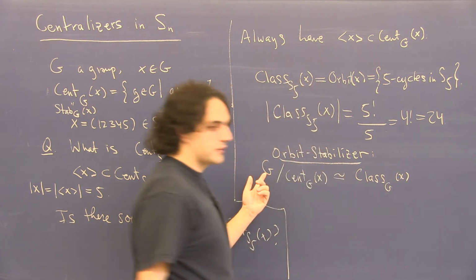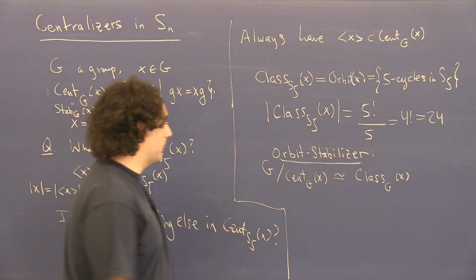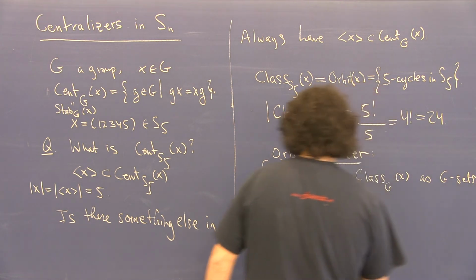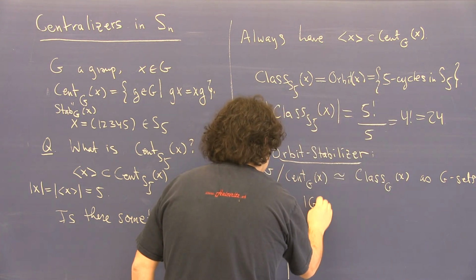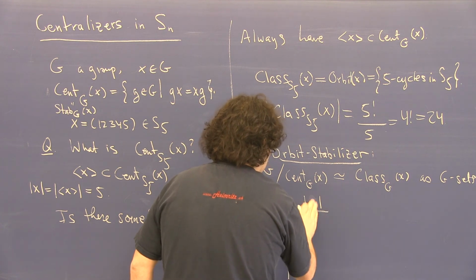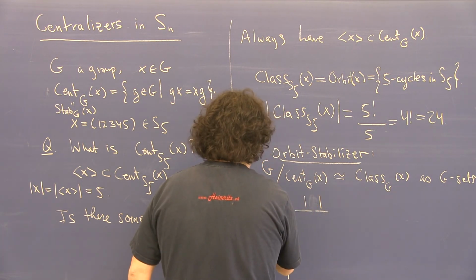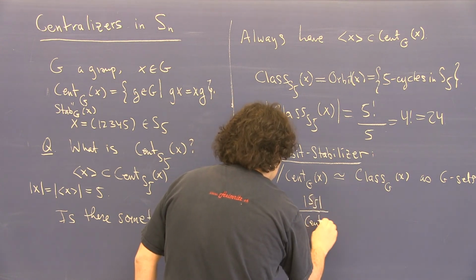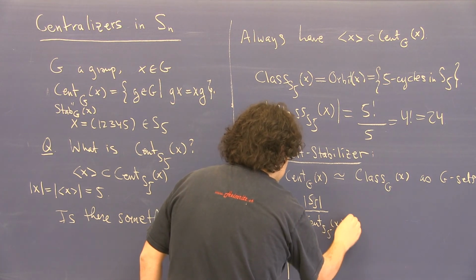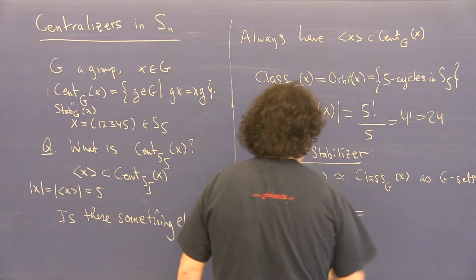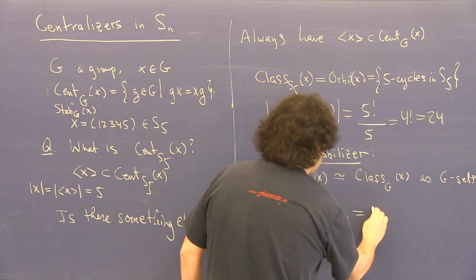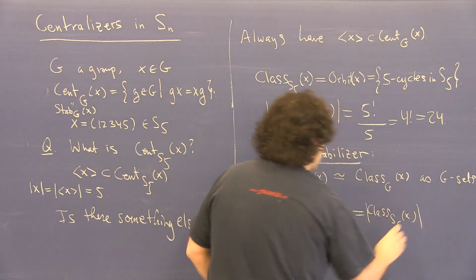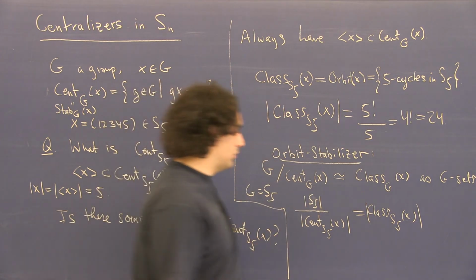This is just writing the orbit stabilizer for conjugation, as G sets. So now the order of G divided by the order of the centralizer, and let's now put G equal to S5. So the order of S5 divided by the order of the centralizer in S5 of x is equal to the order of the conjugacy class of x in S5. And this thing we just computed to being 24.